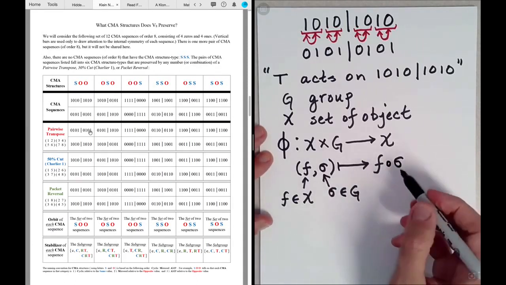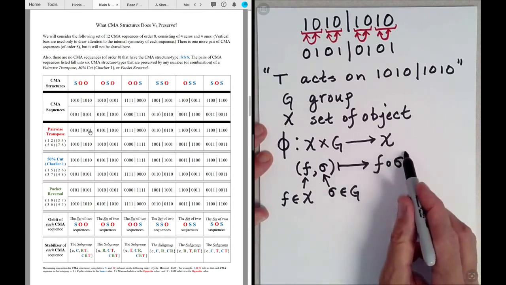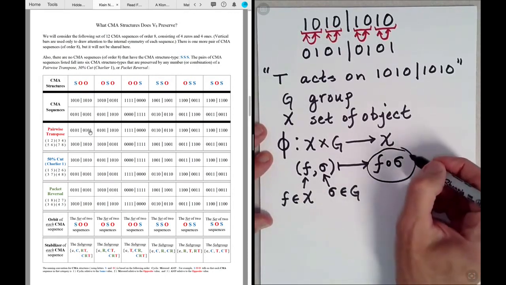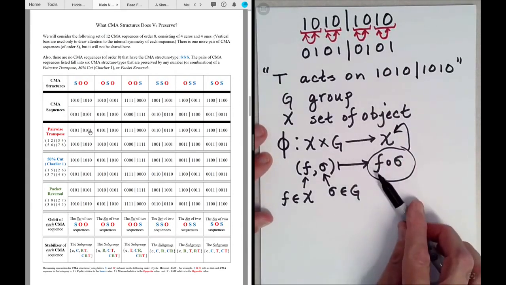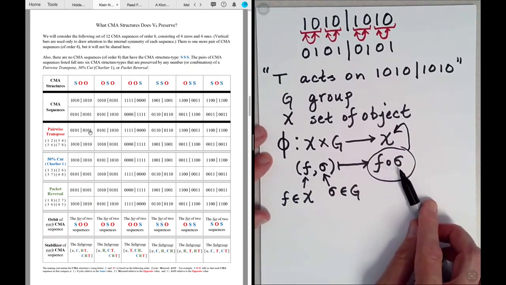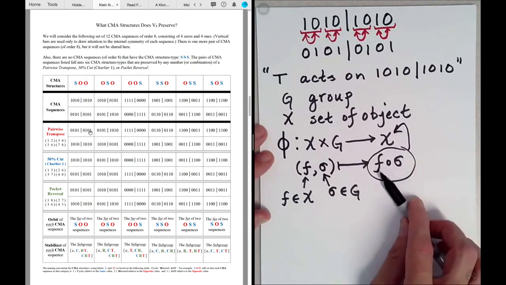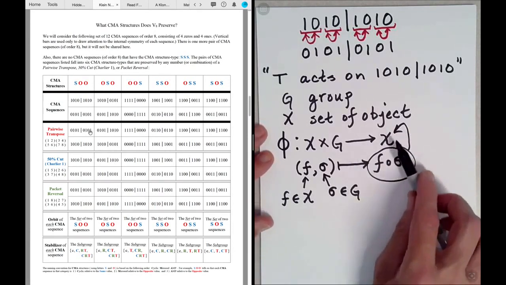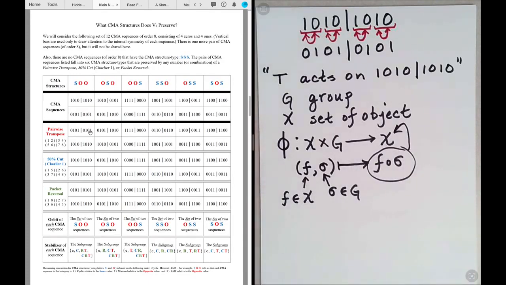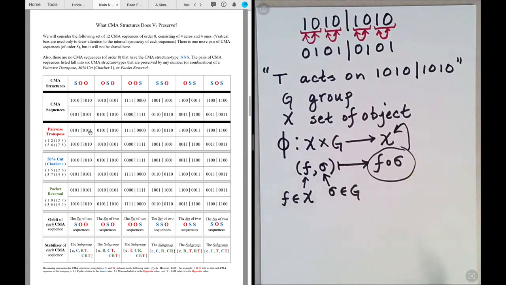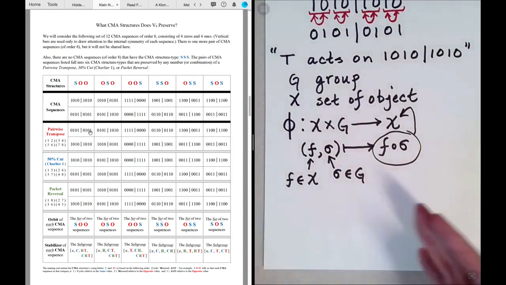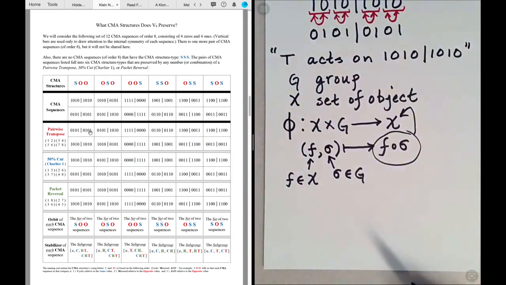Now you have to check whether this is actually in there. If we have a function and we compose it with this permutation, it's important that it gives us another function of the kind that X contains. We'll fill in the details with the particulars of what we're doing, and we'll see that we can meet all of the criteria here for a group action.